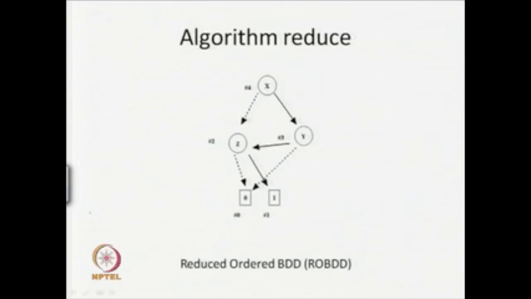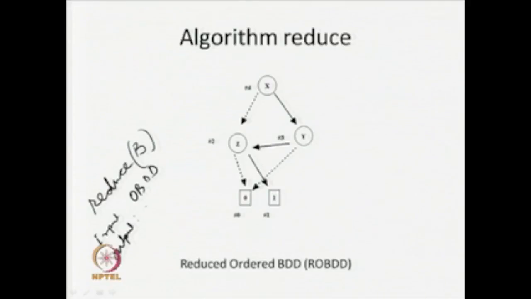That means we have an algorithm called reduce, where we give a BDD B. So, the input is an ordered BDD, and what output are we going to get?